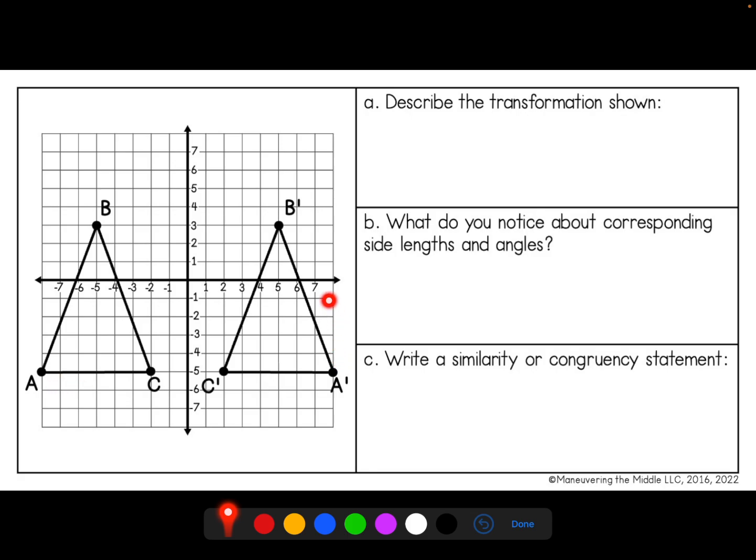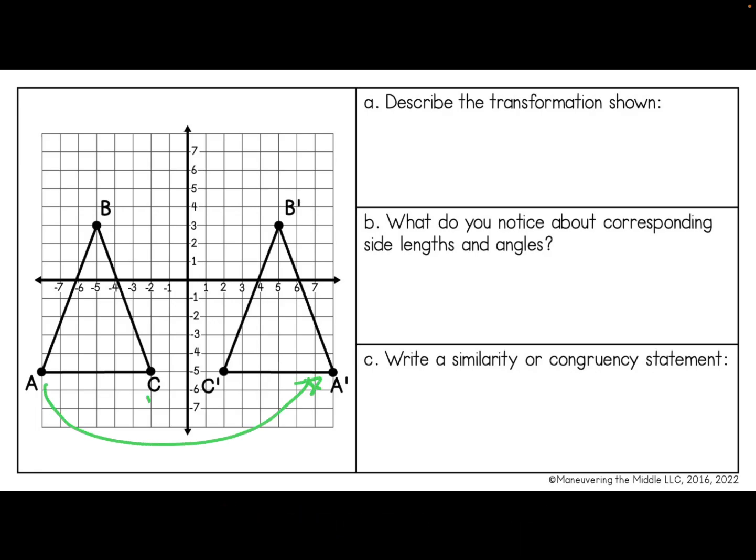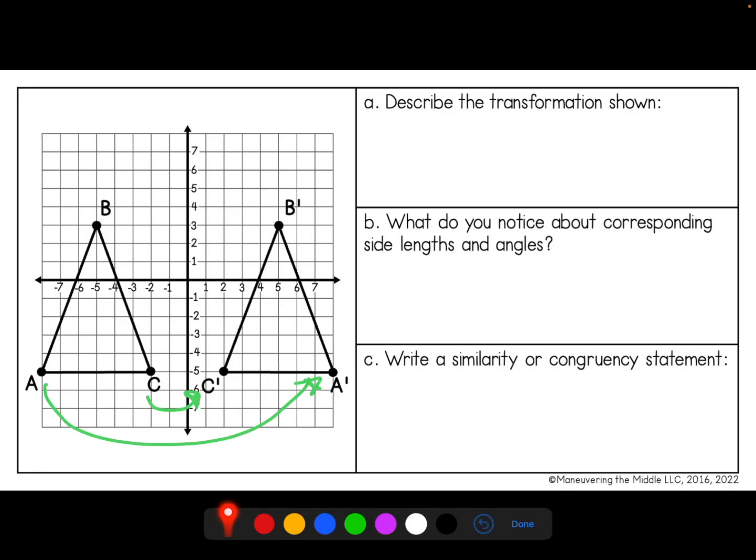And with the image, I'm going around counterclockwise. The only transformation that does that is a reflection. Also, notice that A and A prime are at a different distance away from each other than C and C prime. That wouldn't happen with a translation.